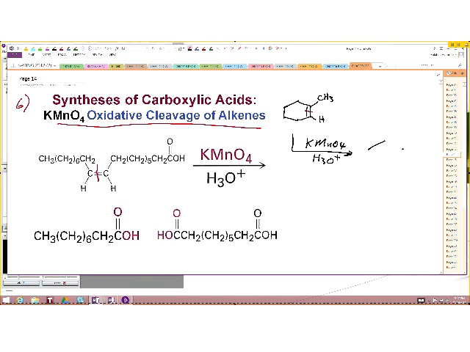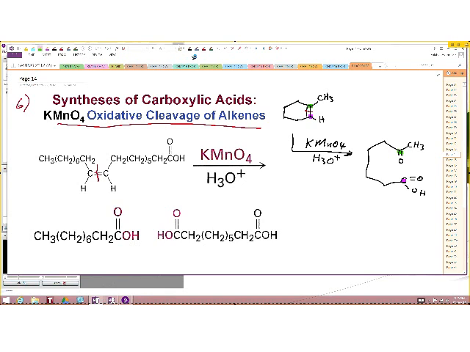So we are going to get this. This carbon here is now this carbon, and this carbon here is now this carbon. So this is another method for making a carboxylic acid, oxidation of a carbon-carbon double bond.